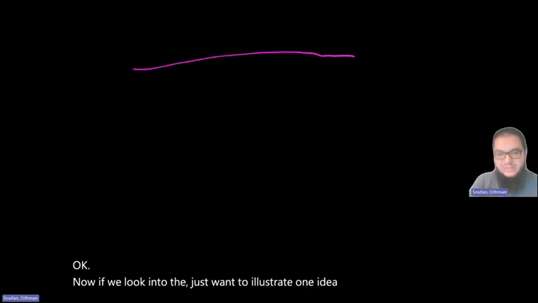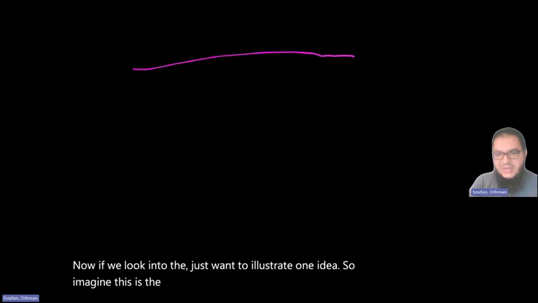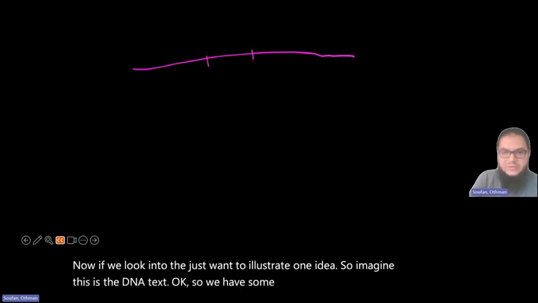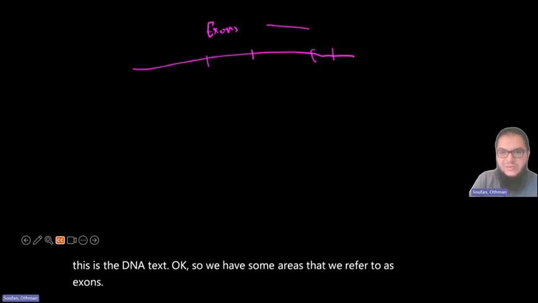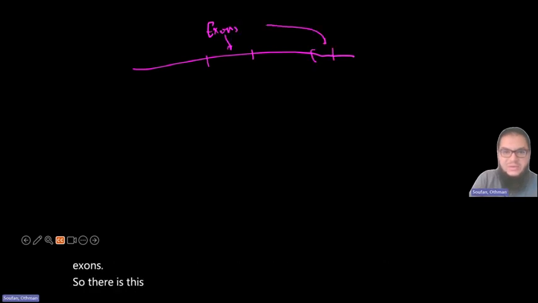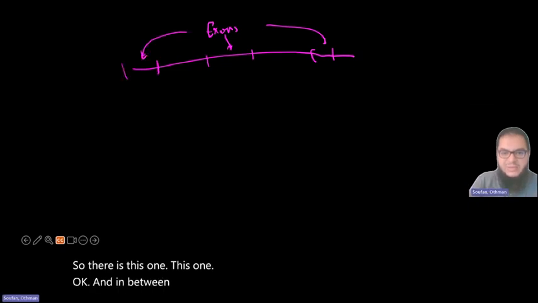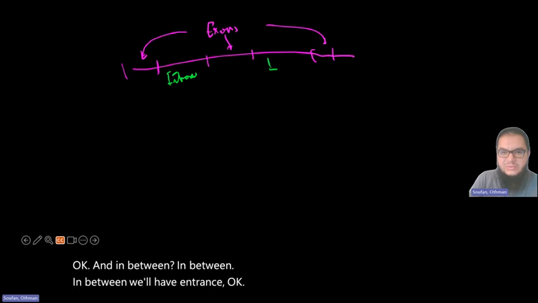Imagine this is the DNA text, and we have some areas that we refer to as exons, so there is this one, and in between we'll have introns.